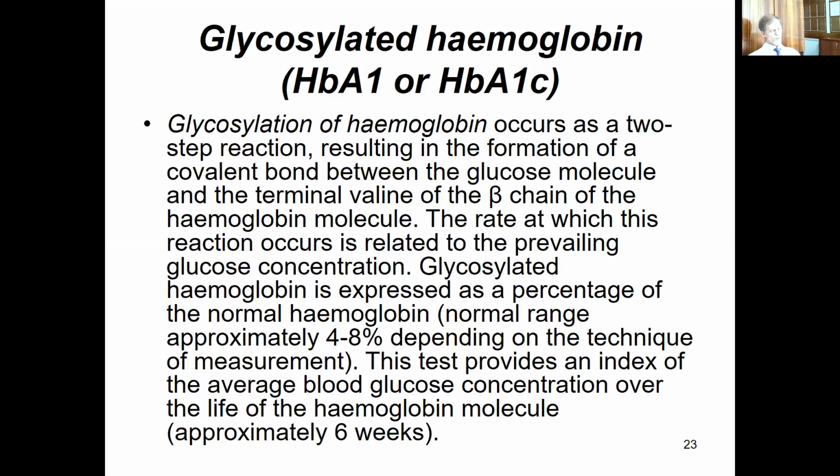What else do we measure? What other tests do we do to detect diabetes? One such test is known as glycosylated hemoglobin, or HbA1c. So what is it? You know that glucose is a small molecule that can attach to big molecules, for example proteins.